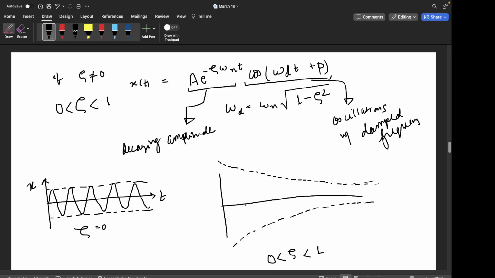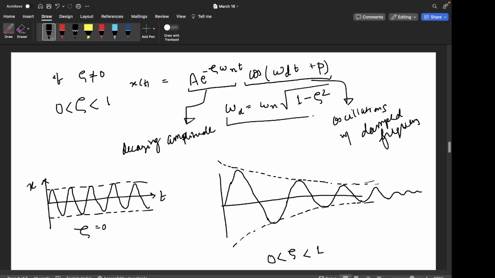So oscillations are also slower than before. All right. And slowly you see they are dying down, something like this.